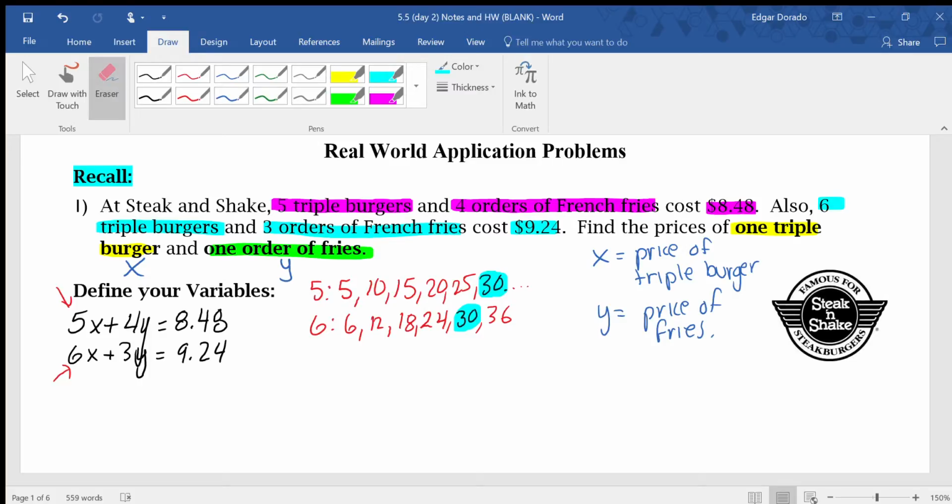So for this 5 to turn into a positive 30, I'm going to have to multiply it by 6. And down here, I want a negative 30. So what do I have to multiply 6 by in order to get a negative 30? Well, that would be a negative 5.